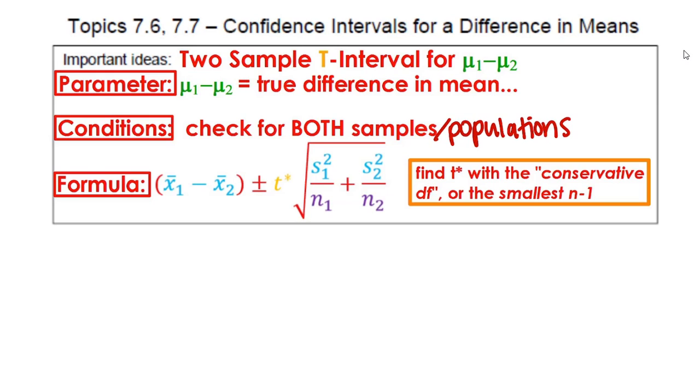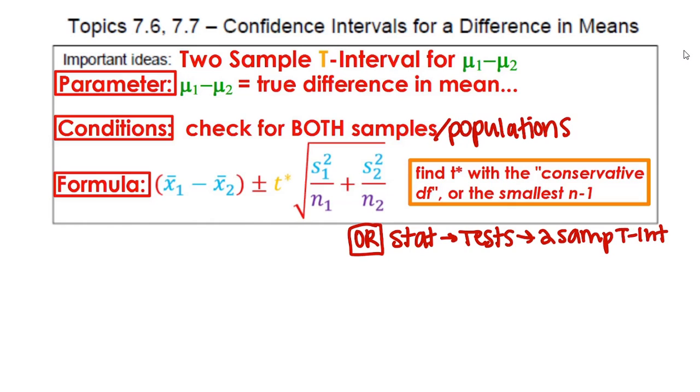So for the T star, we can use the conservative one, or you can go to stat, tests, and it's called 2-SampTInt, and then just report the DF and interval from that.